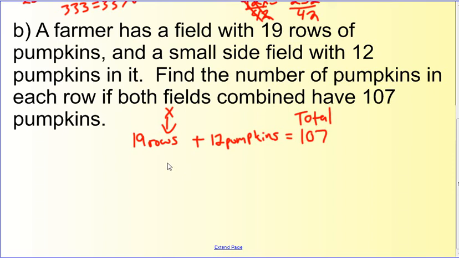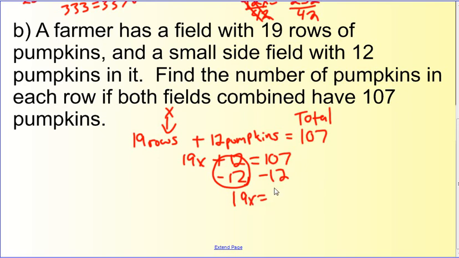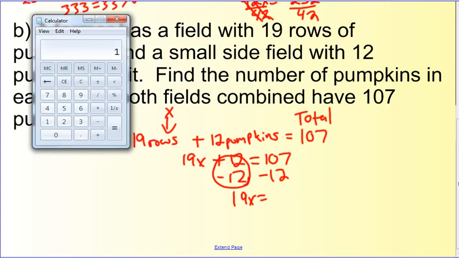Okay, so let's turn this verbal model into an actual equation. Now we have 19x plus 12 equals 107. And solve. Minus 12, minus 12, these cancel. We get 19x equals 107 minus 12, which is 95.